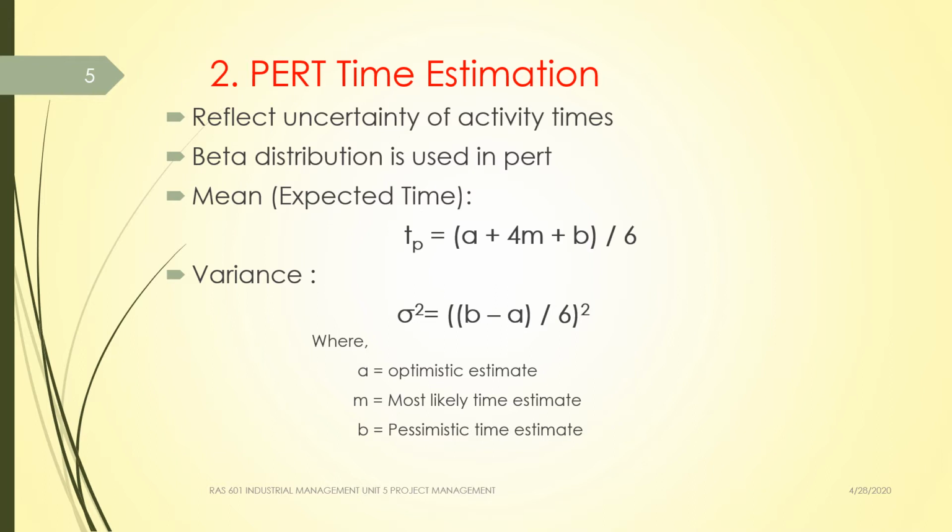The mean expected time can be calculated by taking the formula: T mean time equals A, the optimistic time, plus 4 times M, the most likely time, plus B, that is pessimistic time, divided by 6. This is the formula to calculate the mean time. Students, please take note of it.